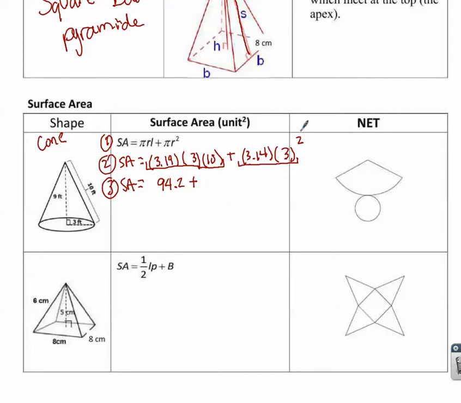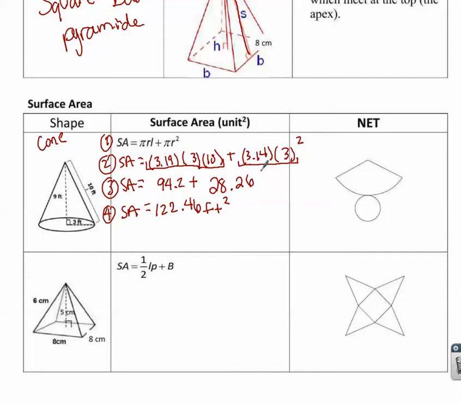So 3 squared is 9, times 3.14 is going to give you 28.26. I need to see this step. So your final answer, you add these together, and you should get 122.46 feet, and it's area, so it's squared.